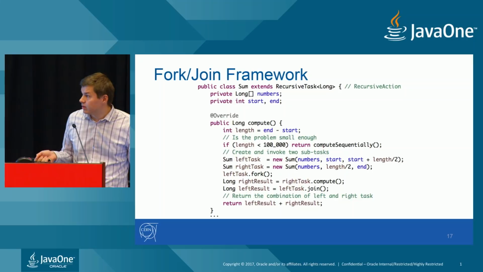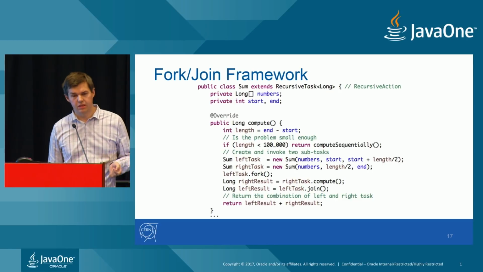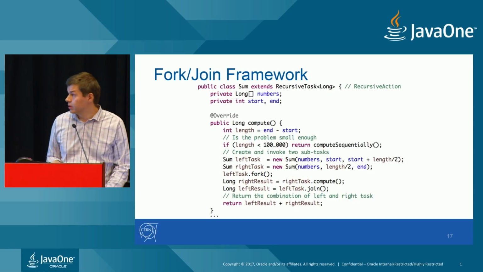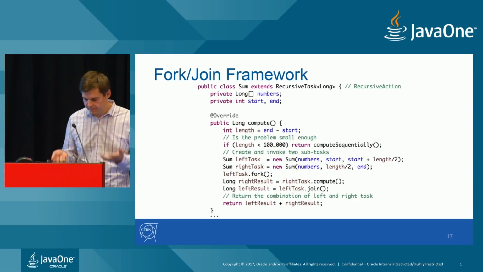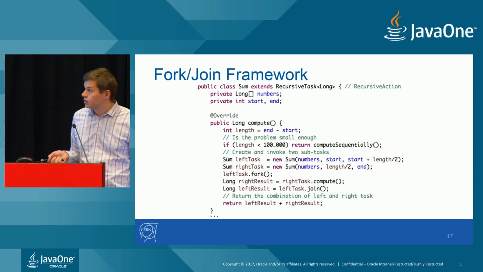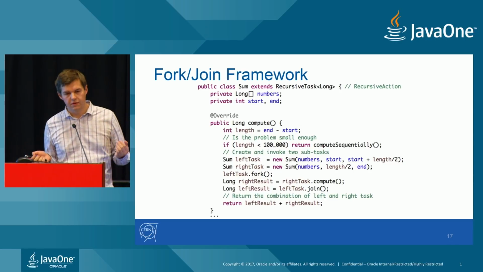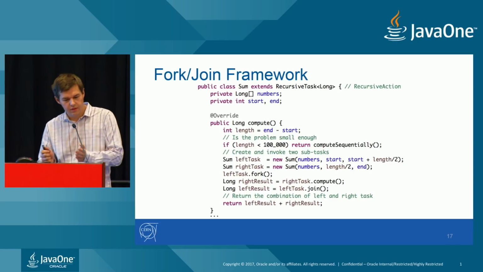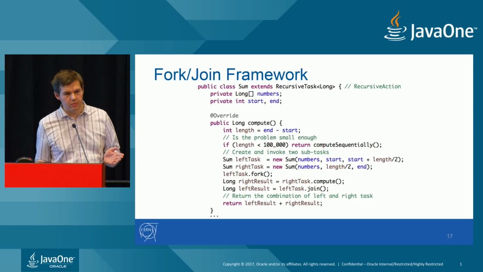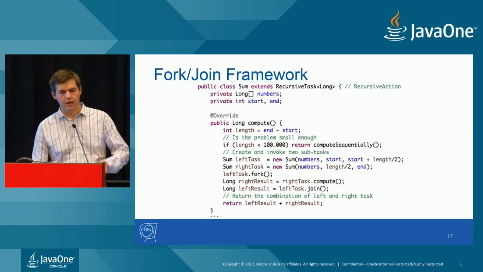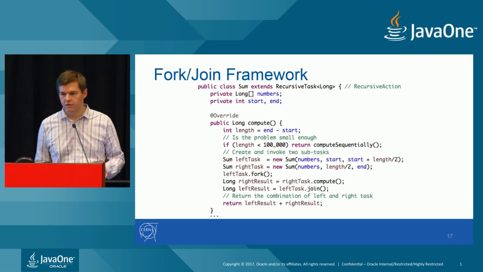So there is only one method that we need to implement, which is to override the compute method, and it's a kind of simple approach. First we see what the length of our task is, and then we have a choice to make. If it's small enough, okay, I don't bother dividing it further.